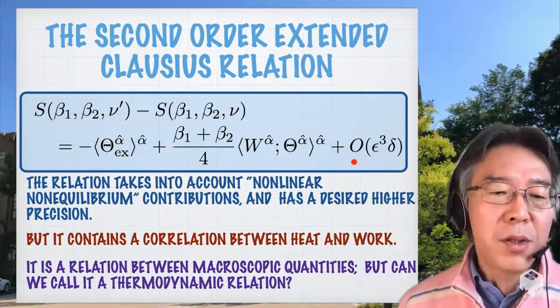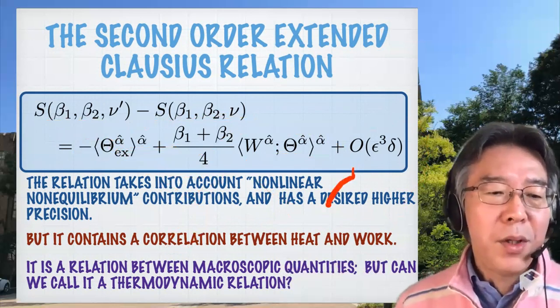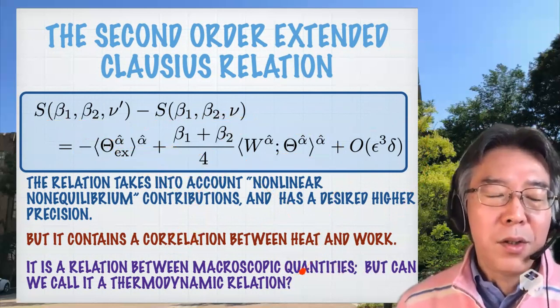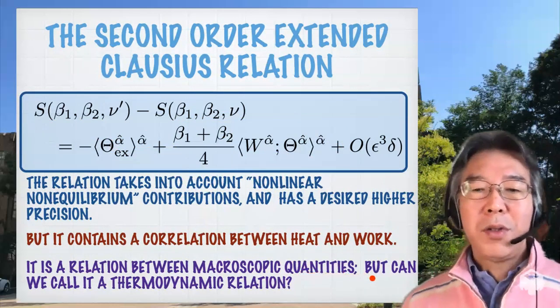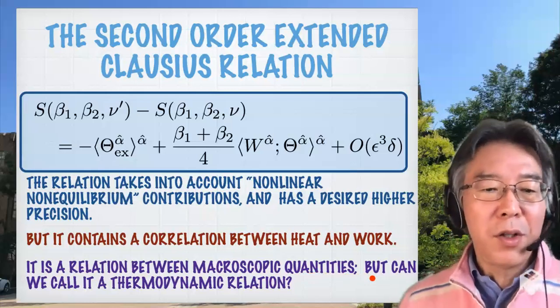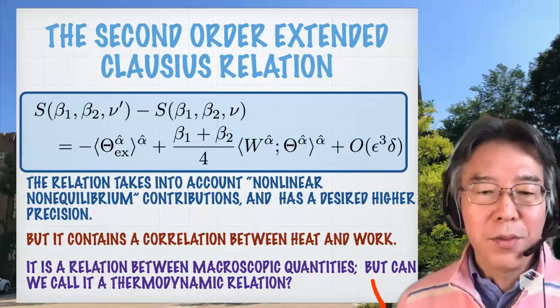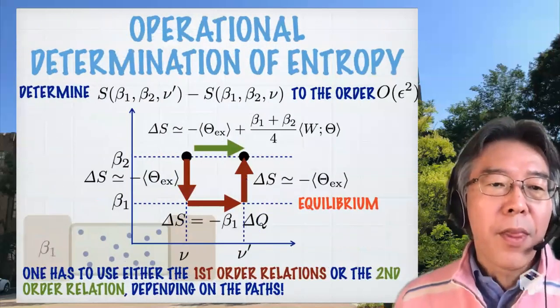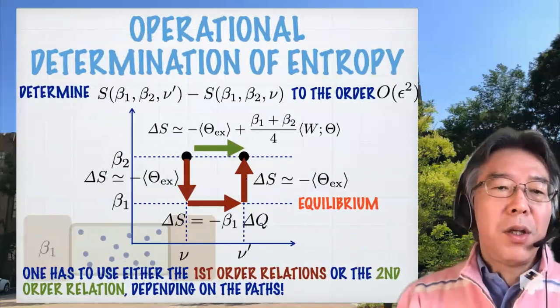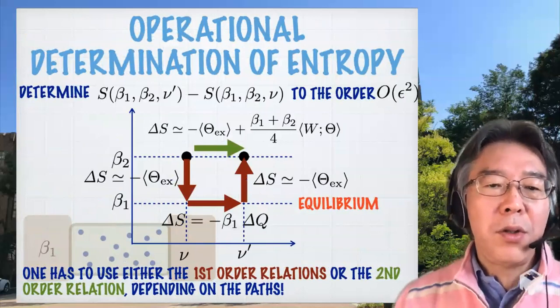Okay, but it only contains macroscopic quantities, but can we call such a relation containing correlation a thermodynamic relation? That's something we don't know. We still have to think about it. And now, this is a summary for the operational determination of entropy.